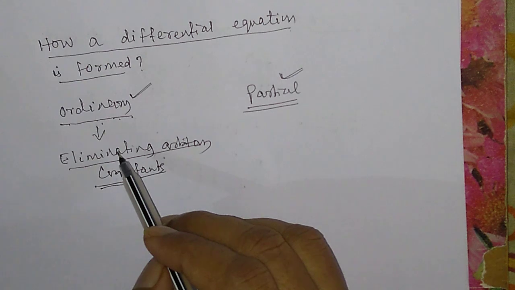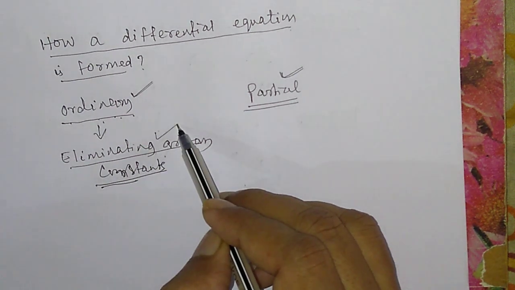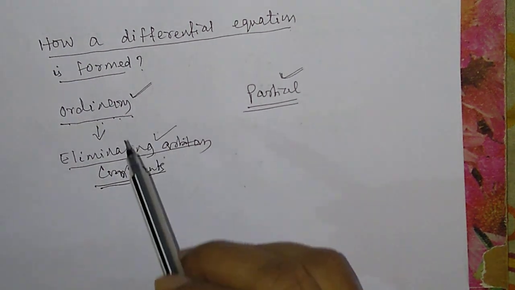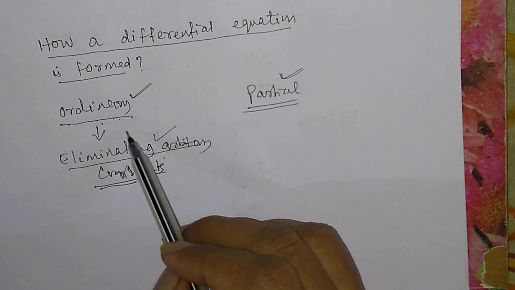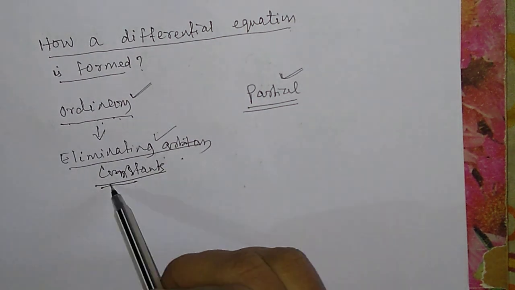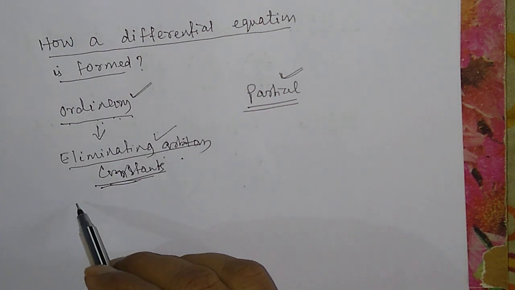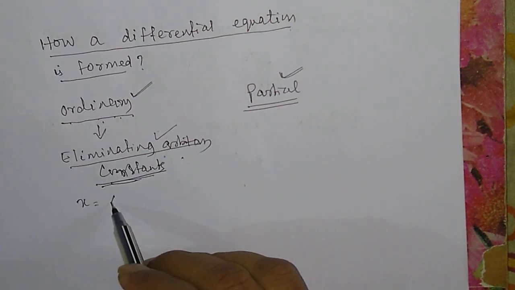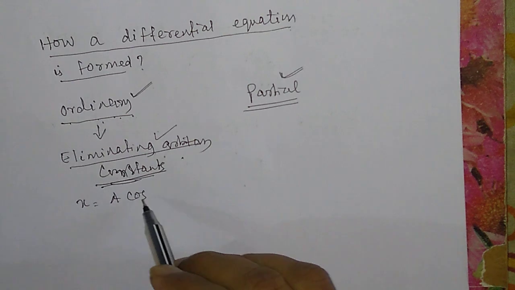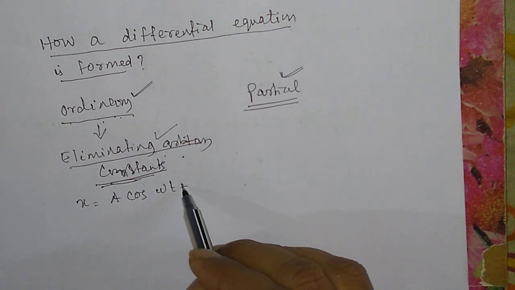Suppose in an equation you have arbitrary constants, and when you form the differential equation, you have to eliminate the arbitrary constants. Suppose you are given an equation x equal to a cos(omega t plus alpha).